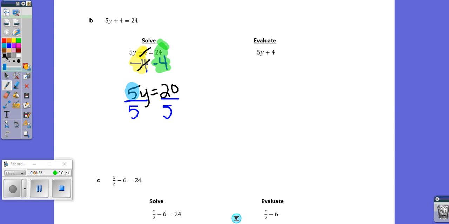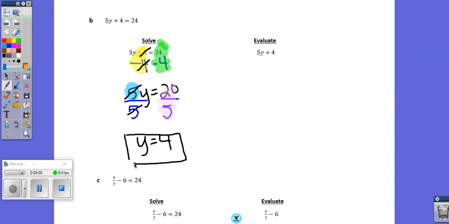So 5 divided by 5 is 1, so you're left with 1y on the left side of the equal sign is equal to 20 divided by 5, which, by the way, is equal to 4. 20 divided by 5 is equal to 4. So that's my final answer. y is equal to 4.